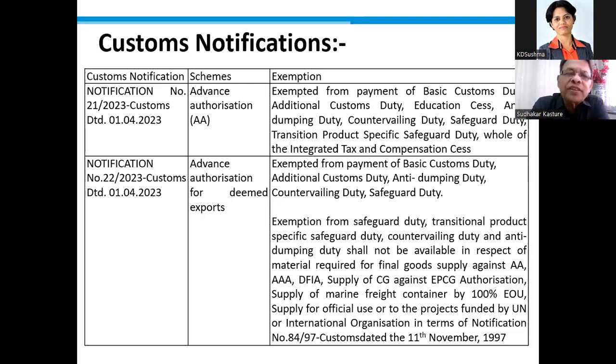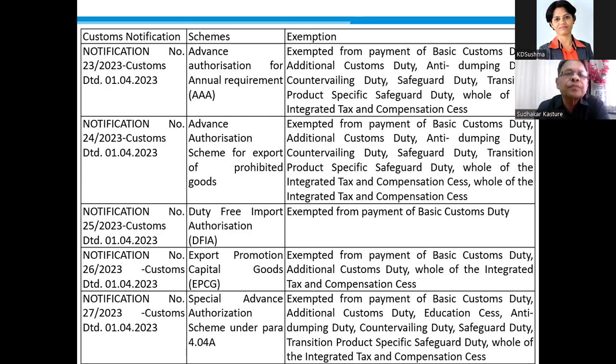For advance authorization, notification number 21, dated 1/4/2023. Advance authorization for deemed exports, notification 22. The right column gives you from which duties you are getting exemption. Notification 23, advance authorization for annual requirement. Notification 24, advance authorization scheme for export of prohibited goods. What are they exempted from, etc.